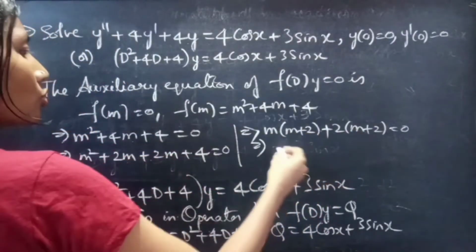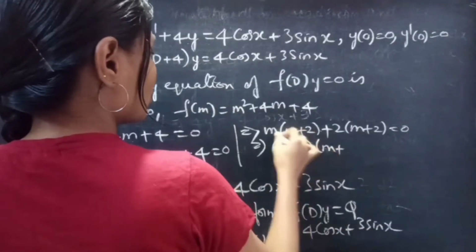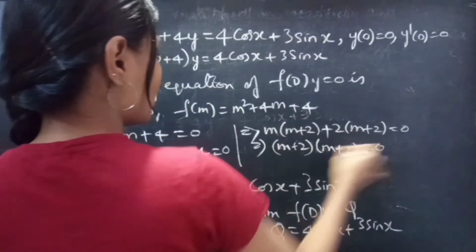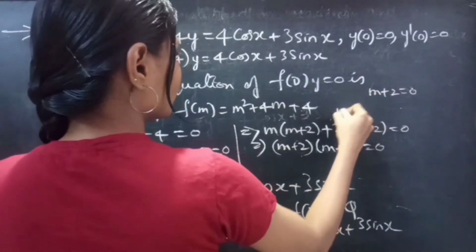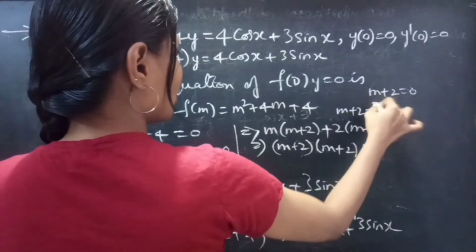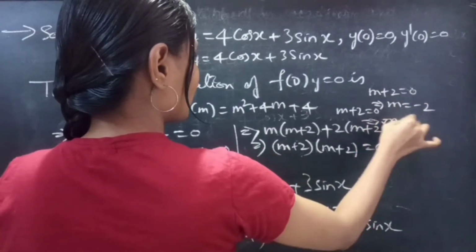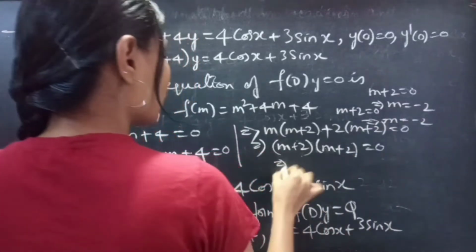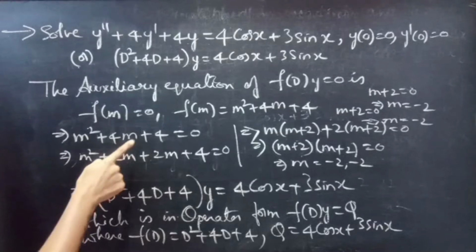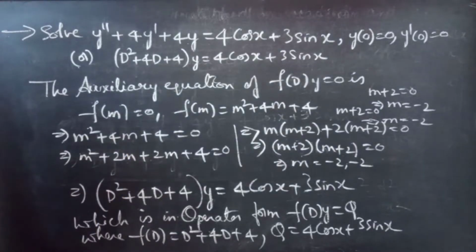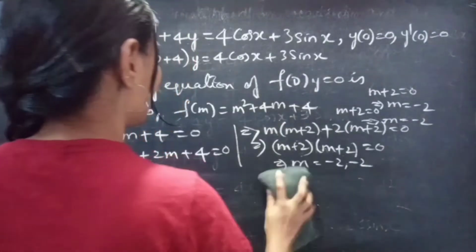So let's take m + 2 common, then you'll get (m + 2)(m + 2) = 0. Equate each factor to 0. From m + 2 we'll get m = -2.